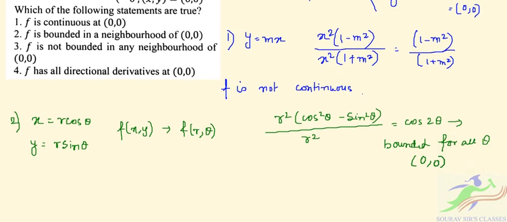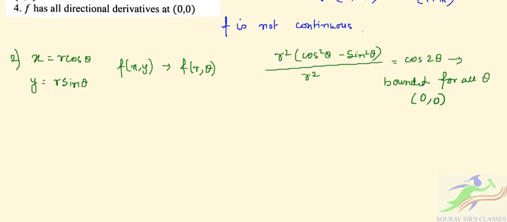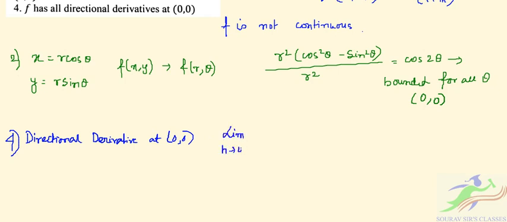Now check option 4, the directional derivative at (0,0). We can write it as the limit as h tends to 0 of [f(0 + u1h, 0 + u2h) − f(0,0)] divided by h.